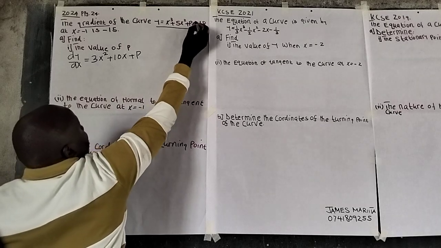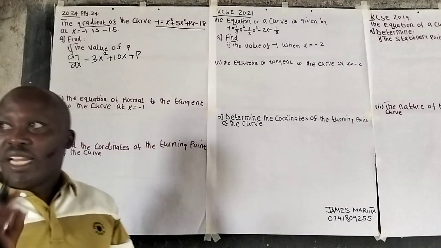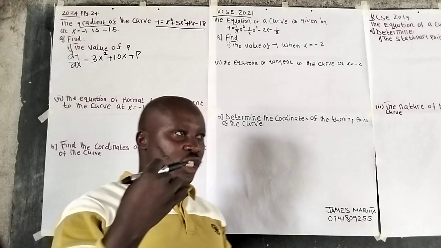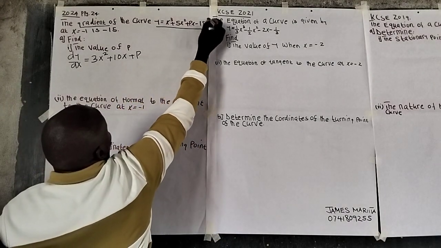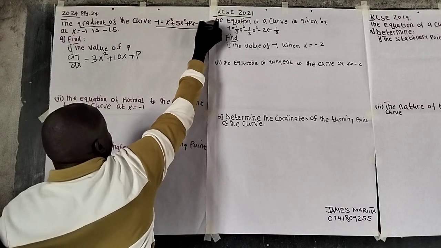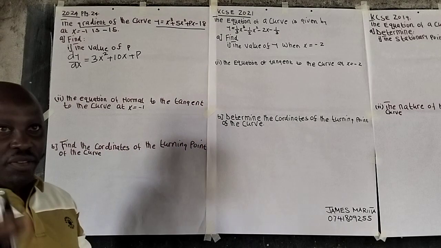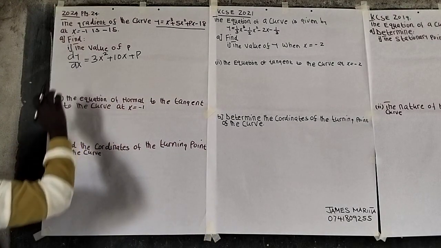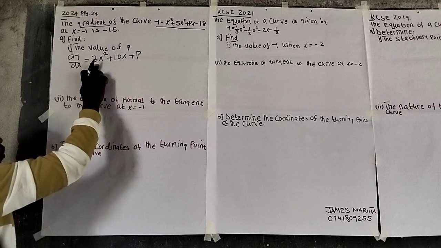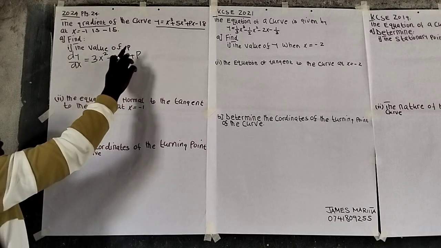Since there is 1 here, 1 minus 1 is 0, and any number raised to power 0 is equivalent to 1, so it remains like that. And this one here is a constant number. The derivative of a constant number is equivalent to 0. So the dy/dx of that curve is equal to 3x squared plus 10x plus p.